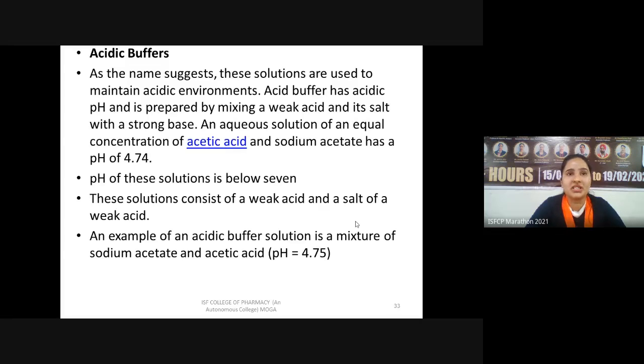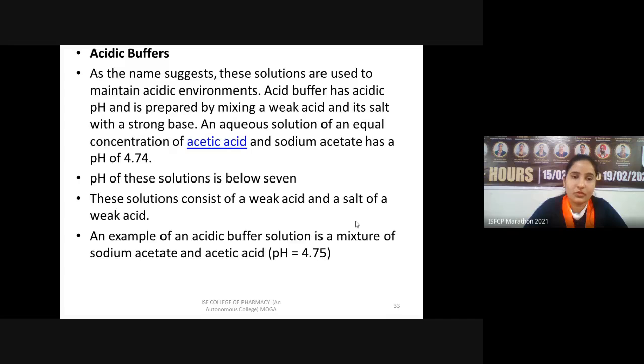They have an acidic pH, and they are prepared by mixing a weak acid and its salt with a strong base. An aqueous solution of an equal concentration of acetic acid and sodium acetate, which has a pH of about 4.74, is normally used as an acidic buffer.